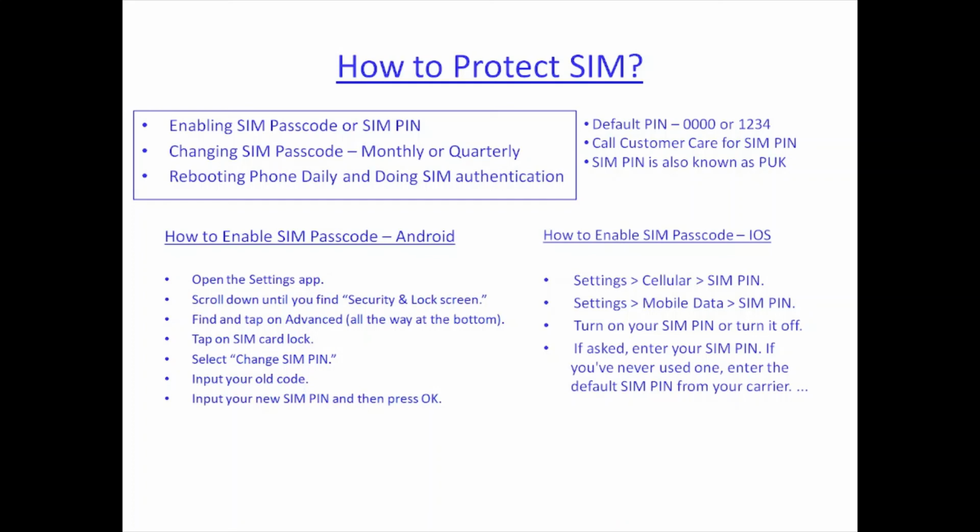If it is on the iOS platform, these options are available in Settings, in either cellular data or mobile data, and the option that you need to change is SIM pin. The same steps that you follow in Android are also applicable here.